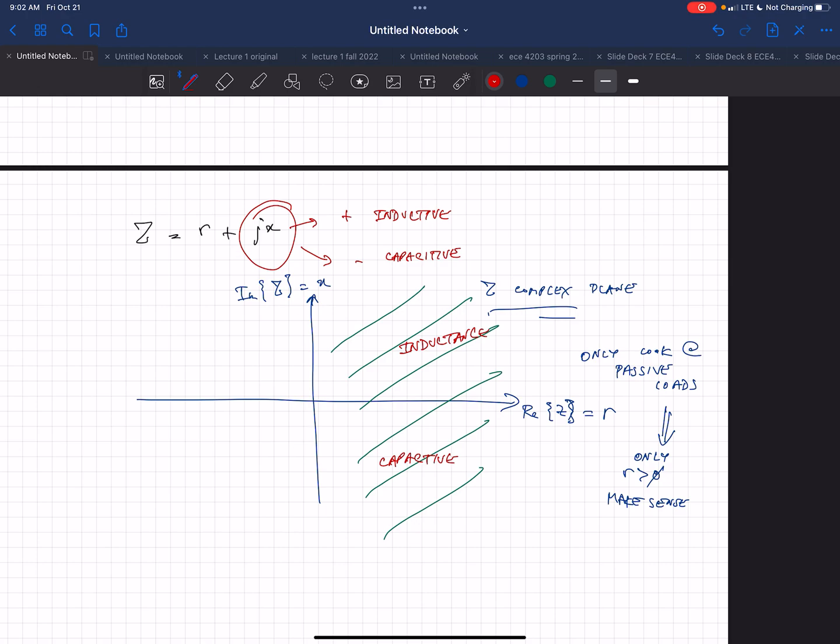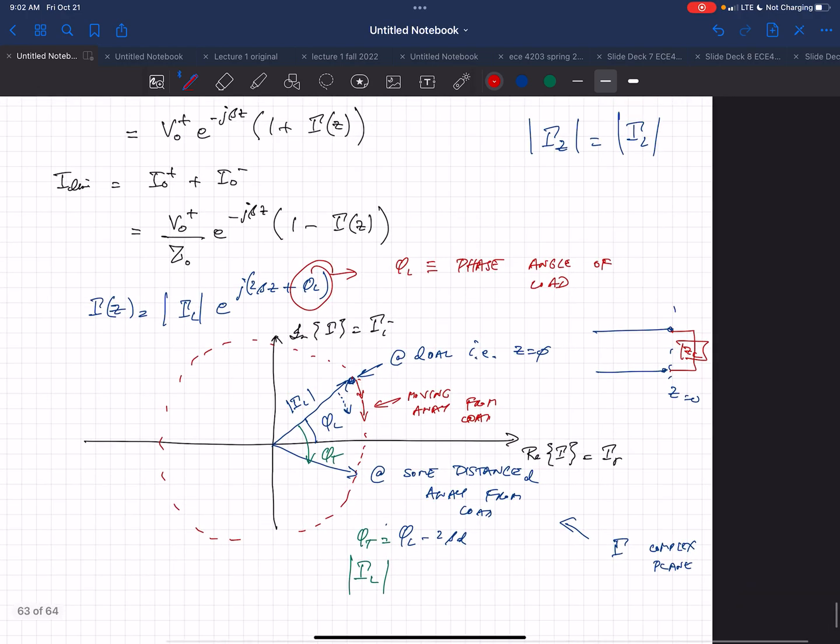Okay, so to recap where we are at this point, we defined a line impedance and a line reflection coefficient. So at any point along the line, we have those two factors. And we are looking at the behavior of the line reflection coefficient in its own imaginary plane.